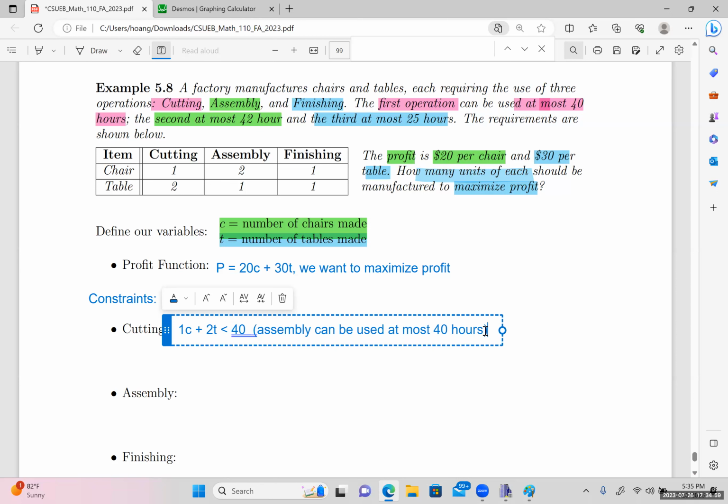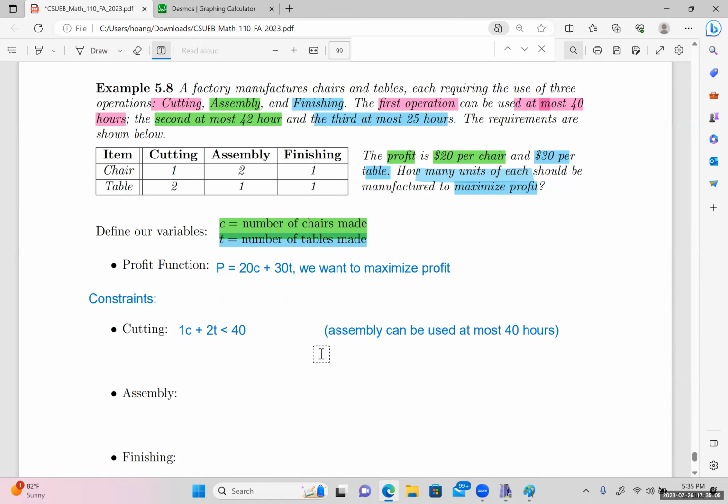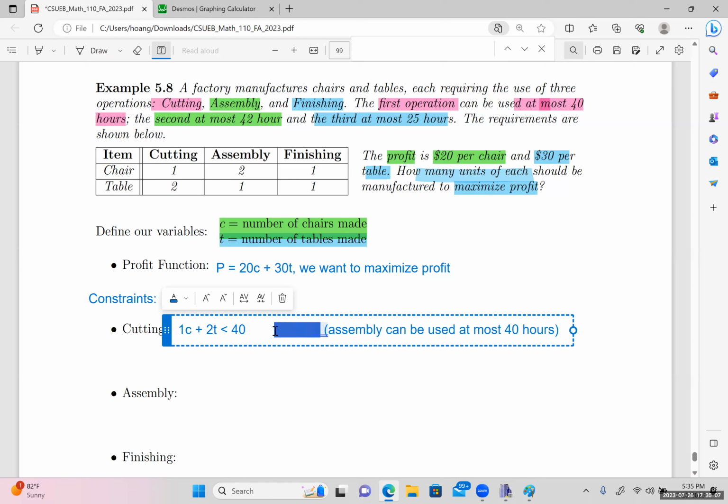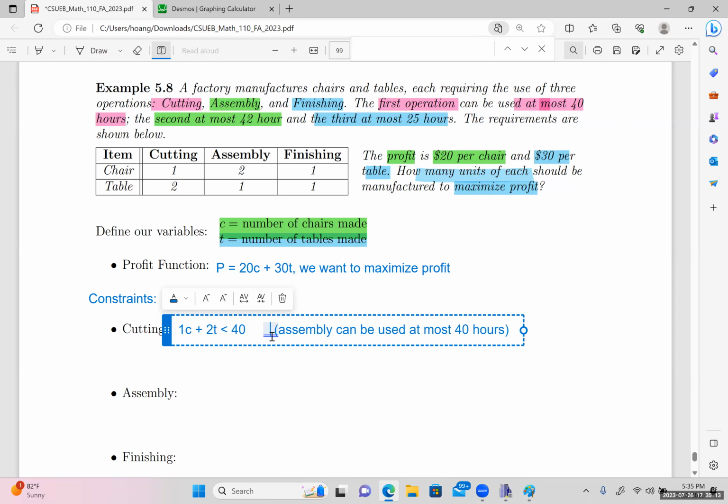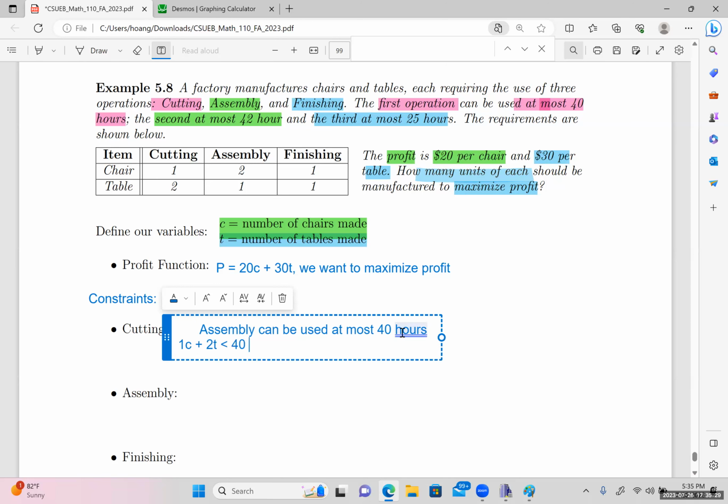Maybe I'm gonna make it less like that. What else do I have? Or maybe I'm gonna put that here. Oh, sorry. Cutting.